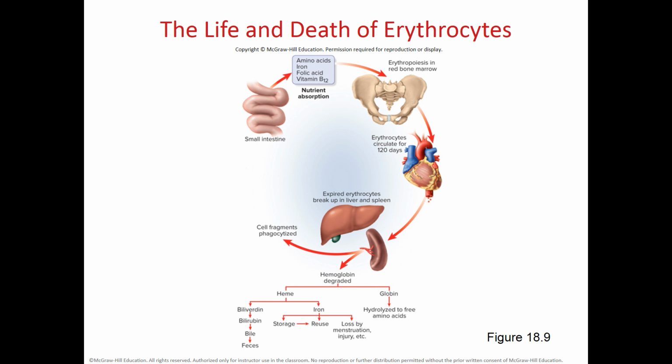So this diagram shows you how you have this recycling of the red blood cell components. So the erythrocytes circulate for around 120 days or 4 months.